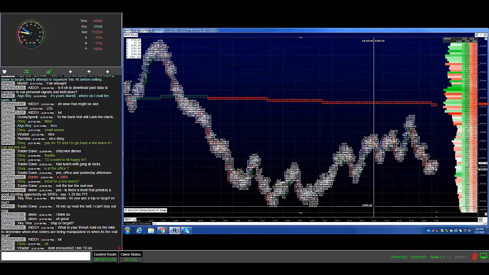I feel like this market could do really good with one more whoosh and then get the buyers back in.